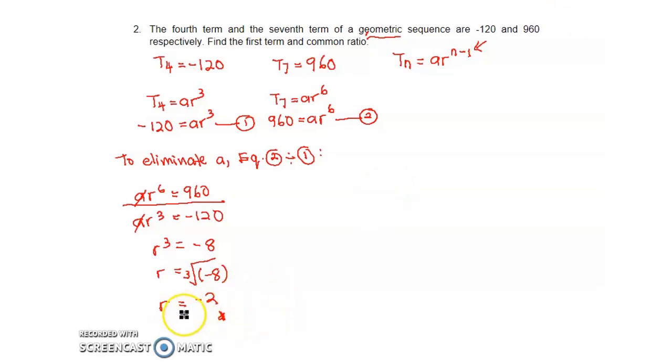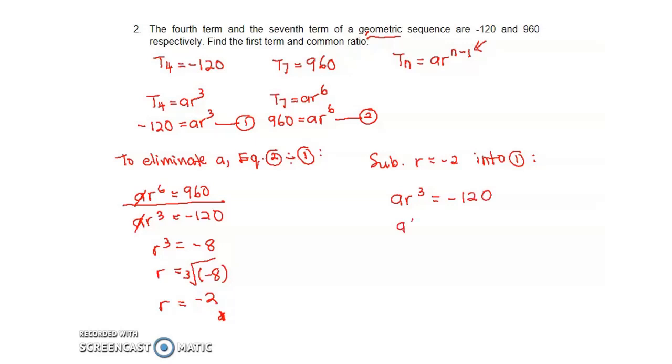Once we get the common ratio, we can find the value A, or the first term. So substitute R equal to negative 2 into equation 1. You can substitute into any equation; equation 1 will do, or equation 2. So equation 1 is AR to the power of 3 equal to negative 120.